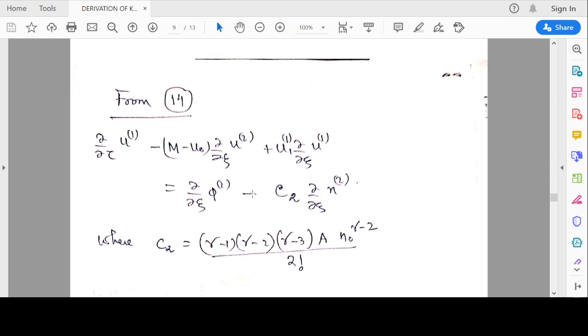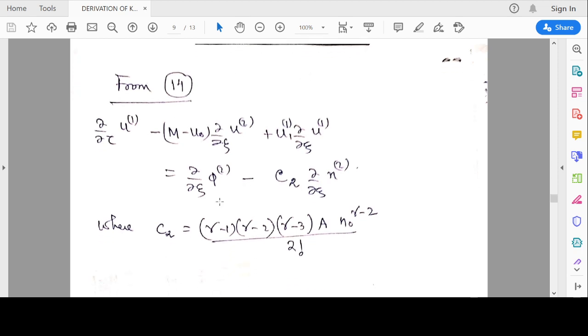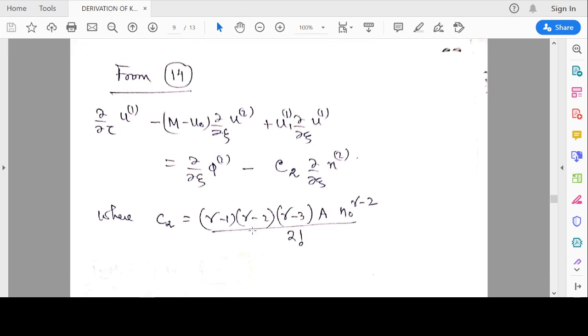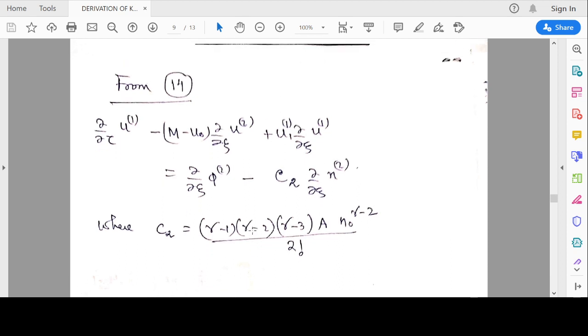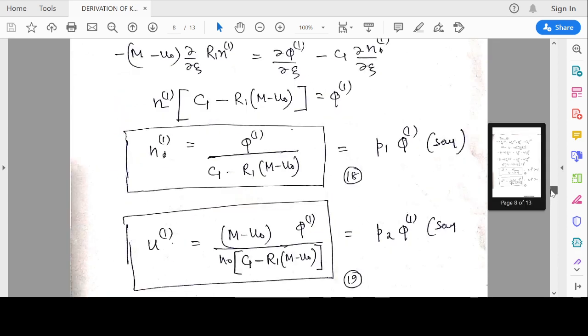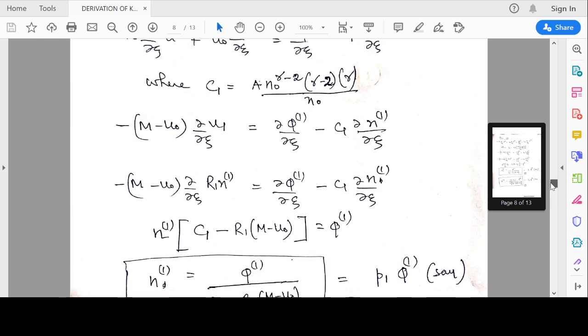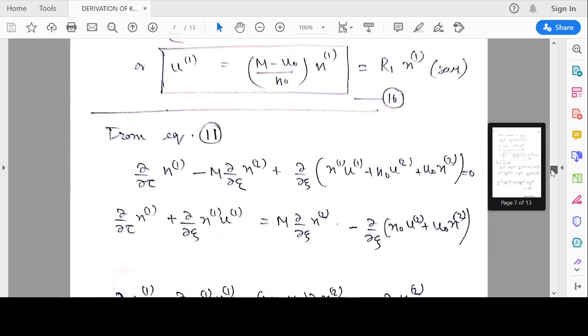Now coming to the next problem, C2, we have just made a mistake out here. I think so. Please excuse us. C2 would be some term. While copying, I think I made a mistake.